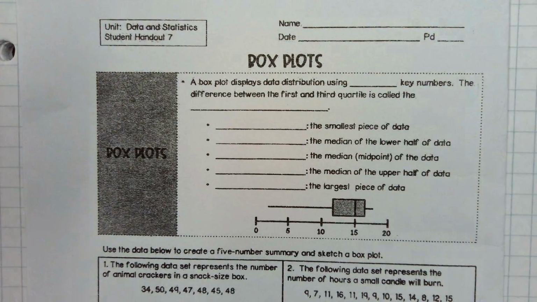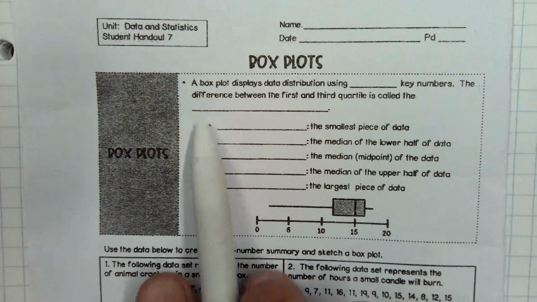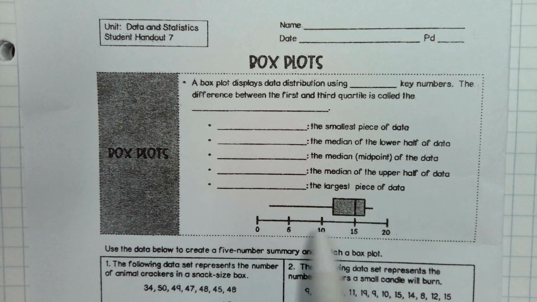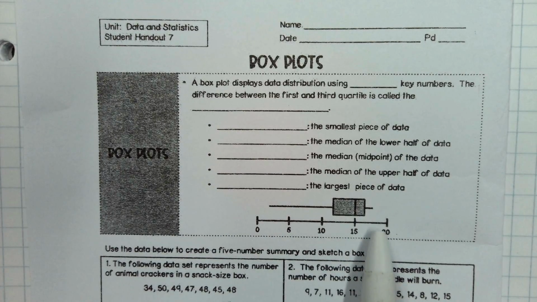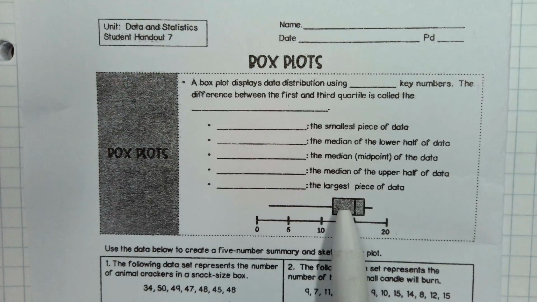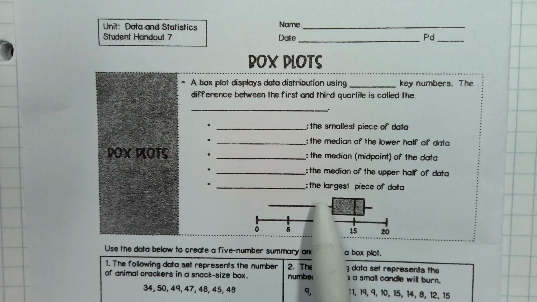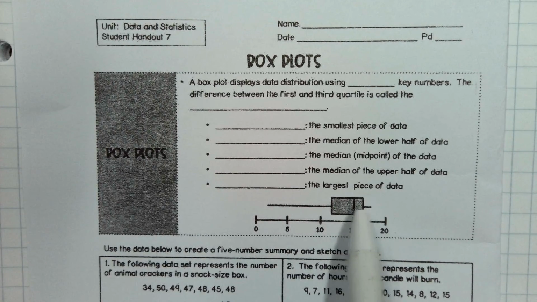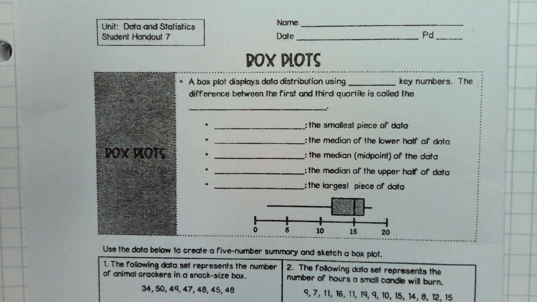Okay, so the first thing we're gonna talk about is a box plot, which is this box thing. Sometimes it's called a box and whiskers plot because it has a box in the middle, right? And it always has these lines at the ends. Guys, these are called the whiskers, like the whiskers on a cat.